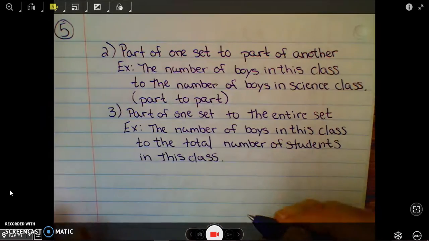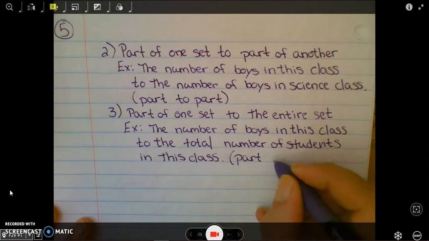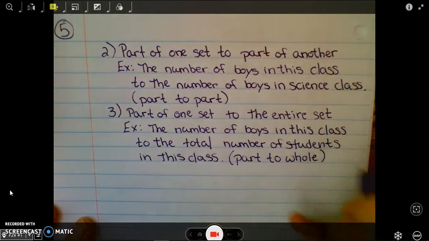And so this would be a part to whole comparison. Part of the set to the whole set.